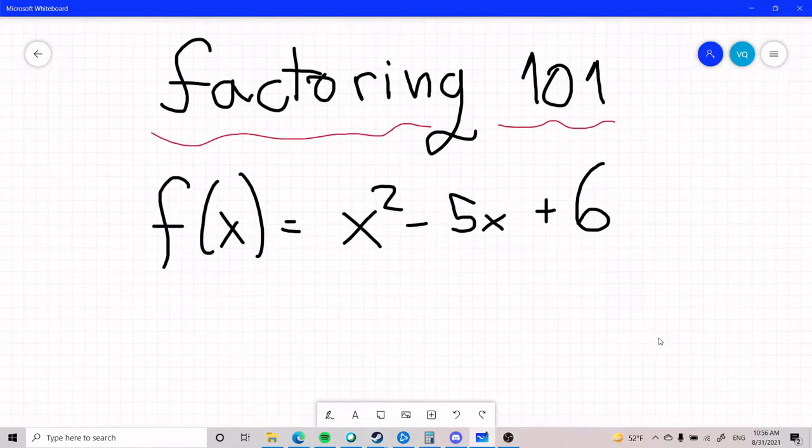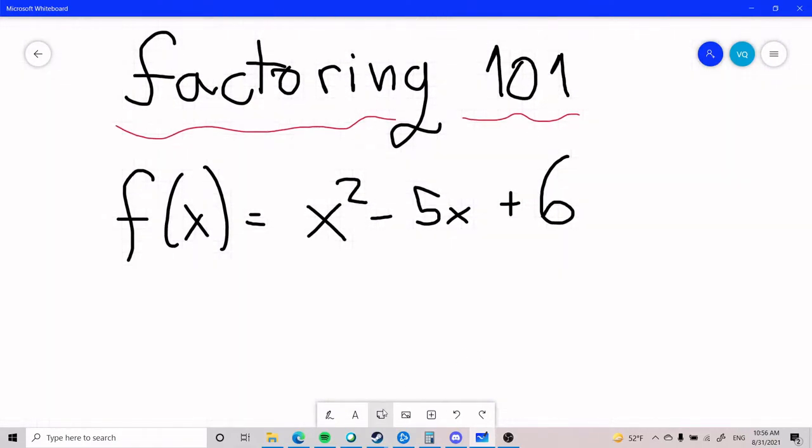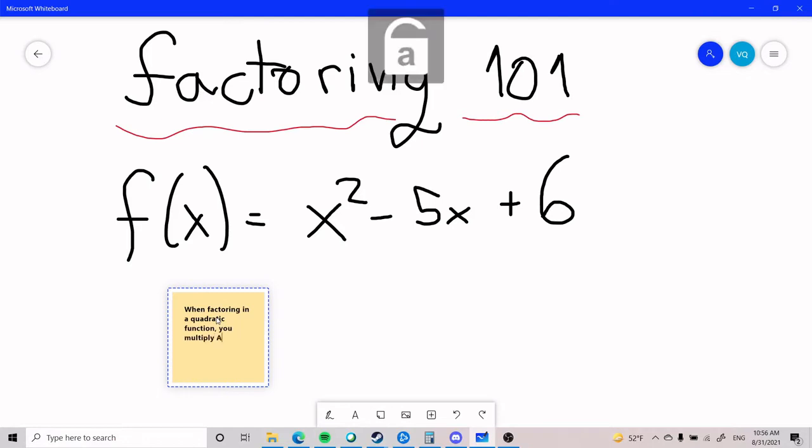Now factoring in a quadratic function, I know this is going to sound a little bit confusing, but you have to trust the process here. When factoring in a quadratic function, you multiply a and c, find the factors of that number, which is the product of a and c, and see which factors add up to b.